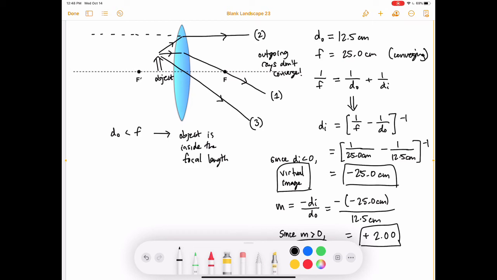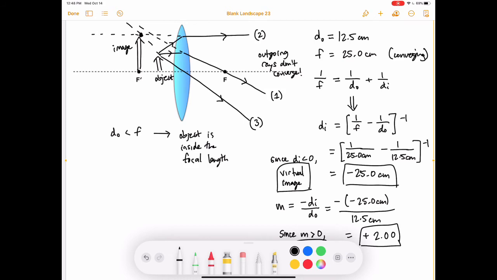Let's trace number 1 back behind the lens like this. And then let's finally trace number 3 back behind the lens like this. Okay, so I obviously didn't draw this perfectly, but somewhere around here is where those rays would be converging if I drew this perfectly. And that means the tip of the arrow, the image of the tip of the arrow, is forming over here. So this is our image.